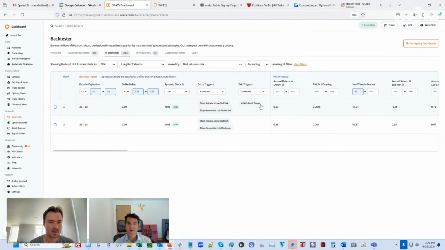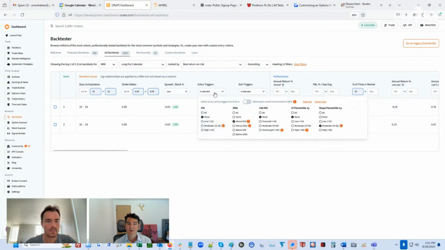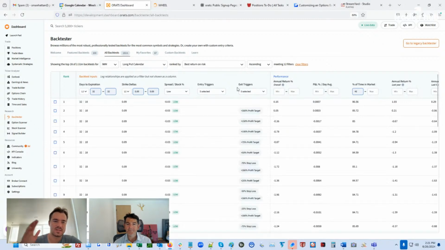So this one had a 300% profit target. If we select none here, we're just looking at strategies with similar days to expiration, strike deltas, and spread yield. What are the common attributes?